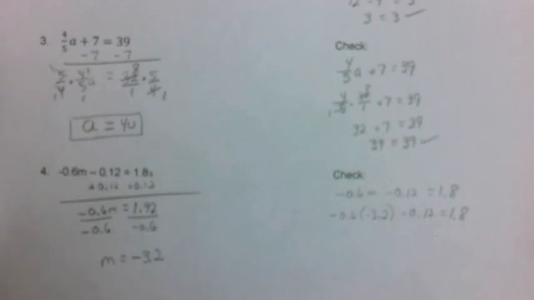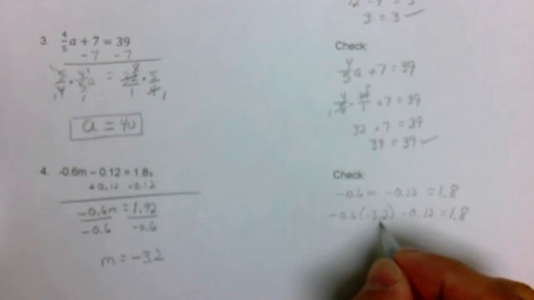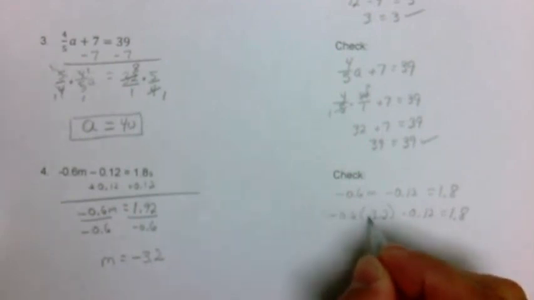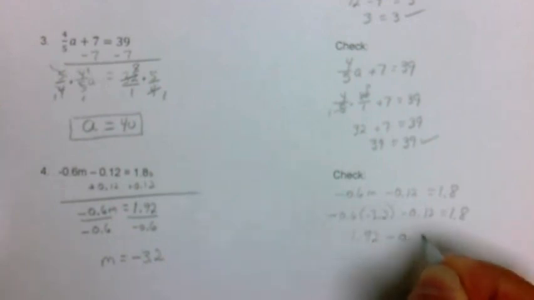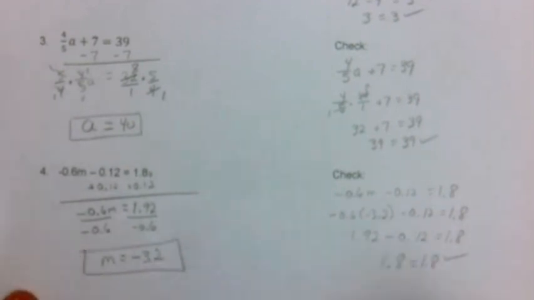And then if you were to multiply negative 6/10 times negative 3 and 2/10, negative times negative is positive. That comes out to be 1 and 92 hundredths. And if you subtract 12 hundredths from 1 and 92 hundredths, you're left with 1 and 80 hundredths, which is just 1 and 8/10. So 1 and 8/10 equals 1 and 8/10. We know that m really does equal negative 3 and 2/10.